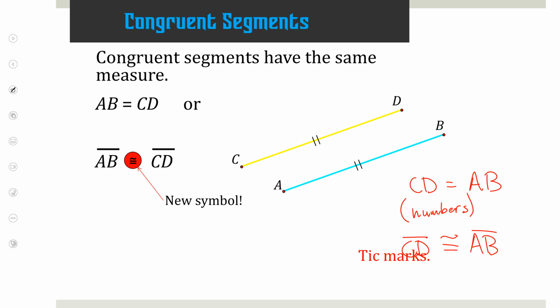And then the other thing is we're going to be doing a lot of pictures, and we want to easily be able to represent things that are congruent or equal in a picture. So you'll notice those two little dash marks on the segments. That's an easy way of showing that segments are congruent in a picture. Putting the same mark on them, they're called tick marks, and you can do whatever you want. If you want to use 2 tick marks, that's great. If you want to put a triangle over this and a triangle over this, it doesn't matter, a smiley face here and a smiley face here.